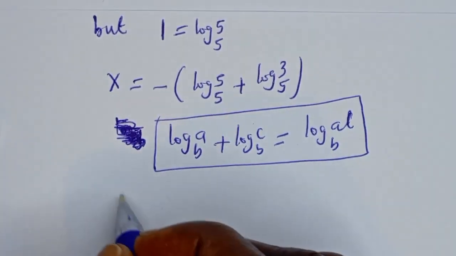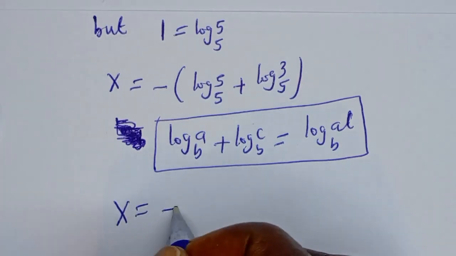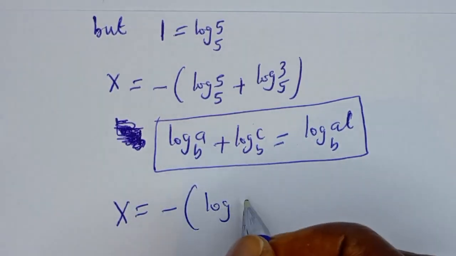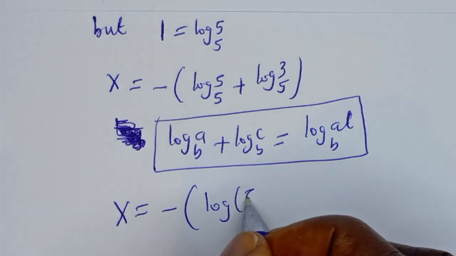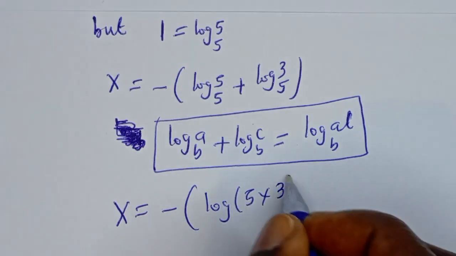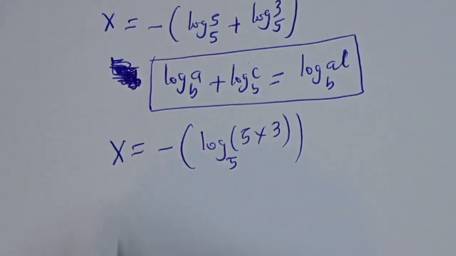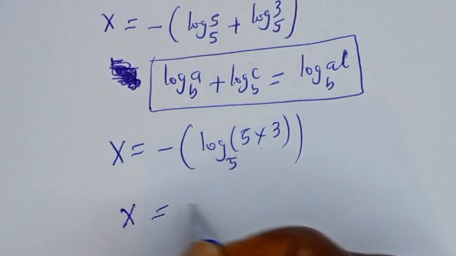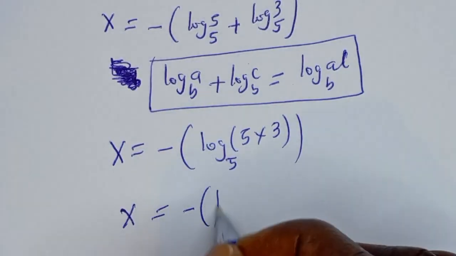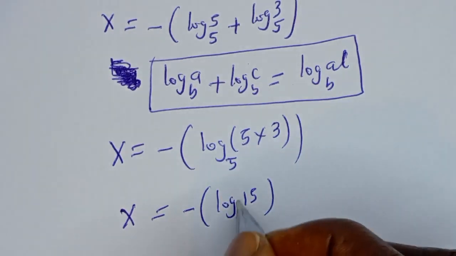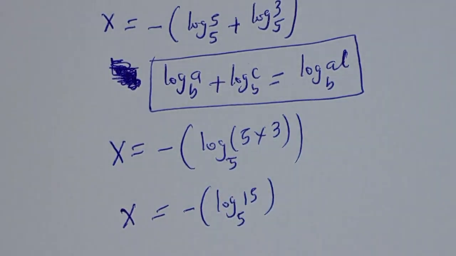This can be written as s is equal to minus bracket log 5 multiplied by 3 base 5. Then s is equal to minus bracket log 5 times 3, that is 15 base 5.